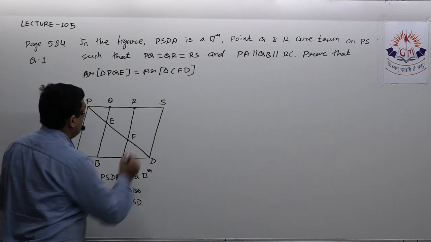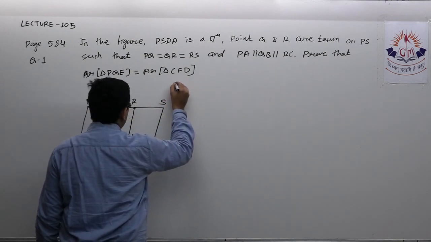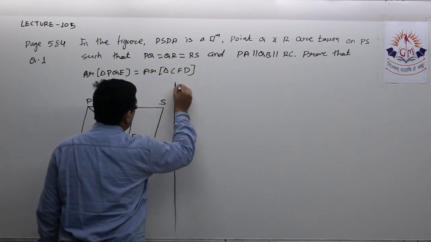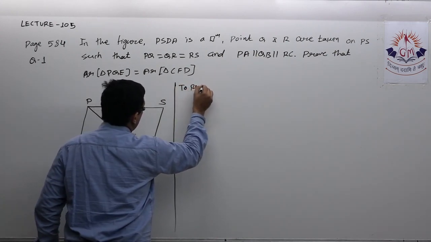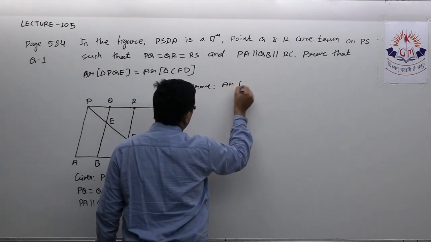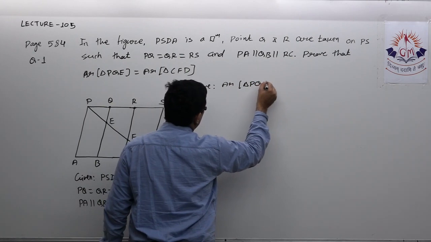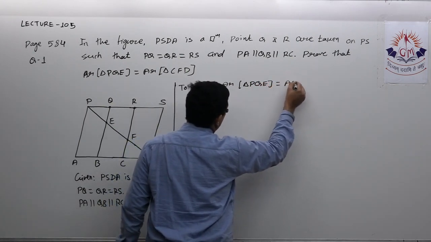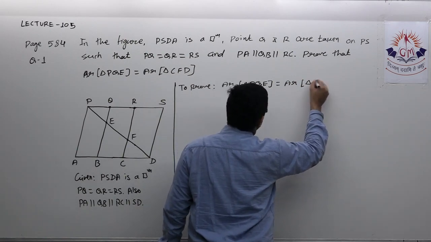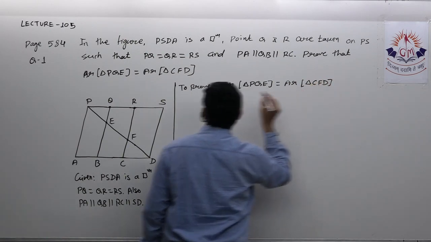Okay, that is given. To prove, area of triangle PQE is equal to area of triangle CFD, that we need to prove.